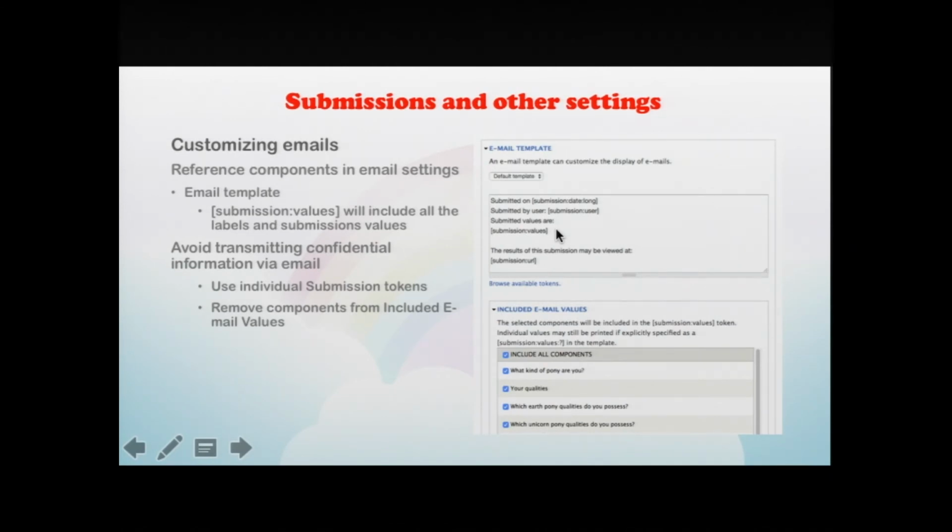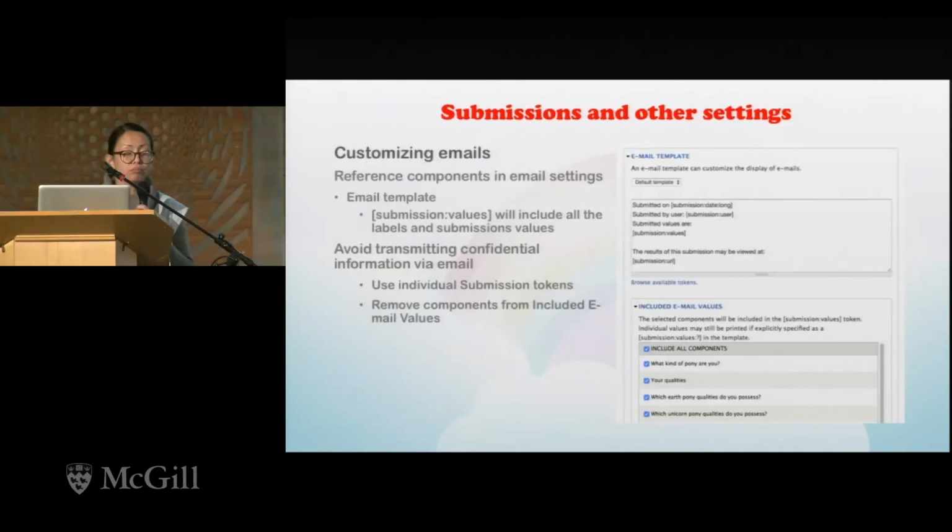You can find out what tokens you can use by going to this link here, Browse Available Tokens. Another way, possibly a simpler way, is unchecking this option that says include all components. If you uncheck that and also uncheck all the components that would probably contain confidential information from your users, then that should make you set.